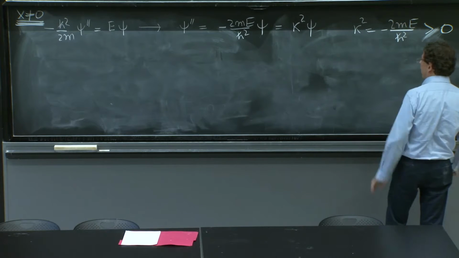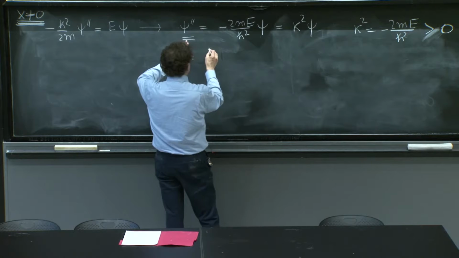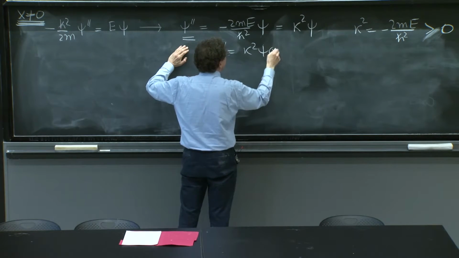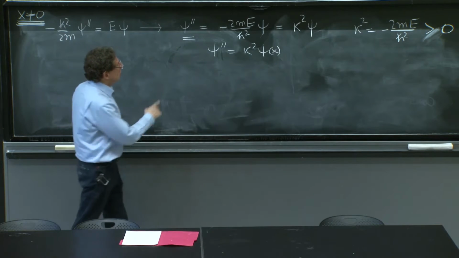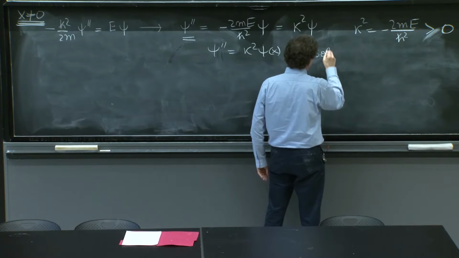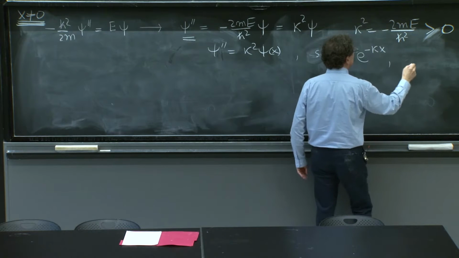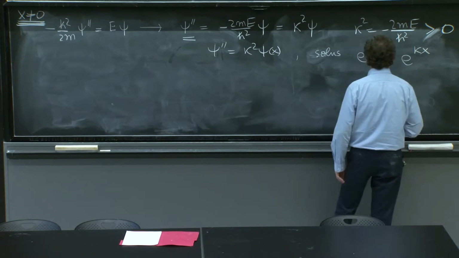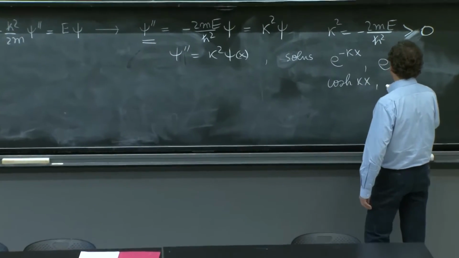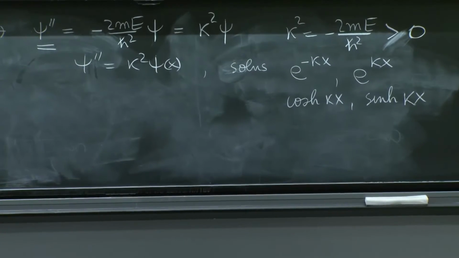Kappa squared is positive, and this differential equation is just psi double prime equals kappa squared psi. And the solutions of this equation are e to the minus kappa x and e to the kappa x, or if you wish, cosh kappa x and sinh kappa x, whichever you prefer.